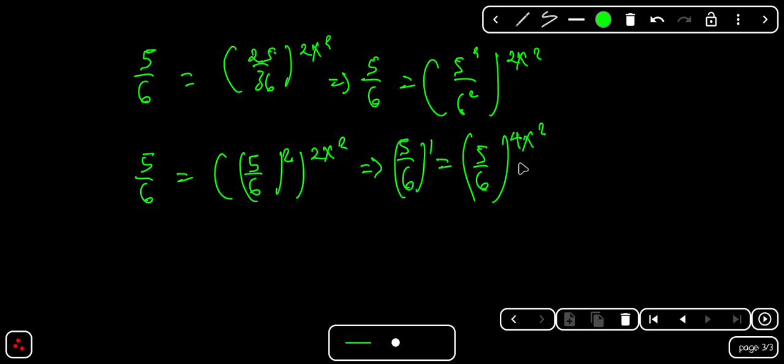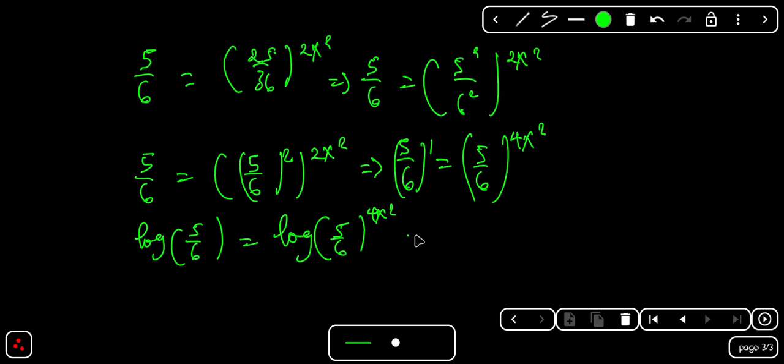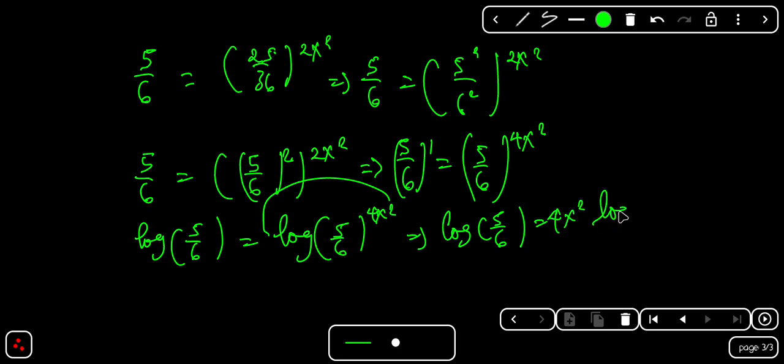So we can compare the exponents, or you take the logarithm of both sides. Taking the logarithm of both sides, we have log of 5 over 6 equal to log of (5 over 6) raised to the power of 4x squared. Then this 4x squared will come down front, so we have log of 5 over 6 equals 4x squared multiplied by log of 5 over 6.